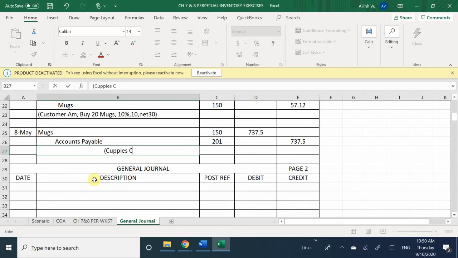Cuppy's Co. We purchased 250 mugs that originally cost me $2.75 each. And I got a 5% discount if I pay within the 15 days. If not, I owe the whole thing in 30.